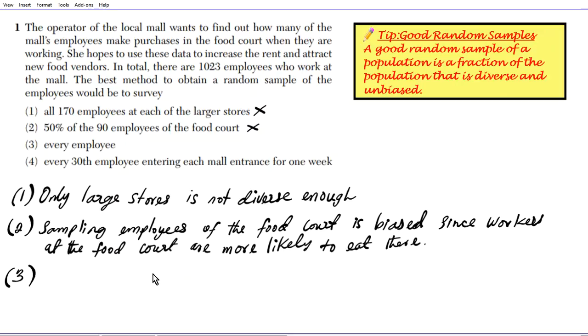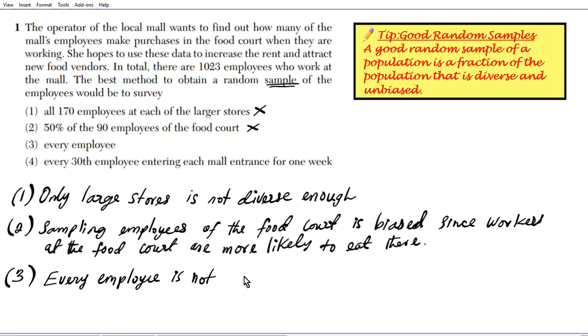Is this a good random sample? The answer is no. Every employee is not a sample. That's the whole population. The reason why you get a sample is because you don't want to go through the trouble of surveying every single person.